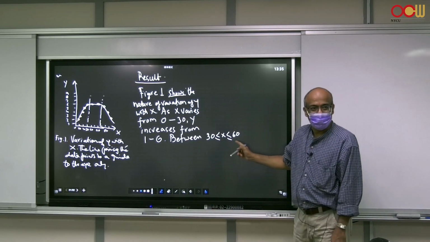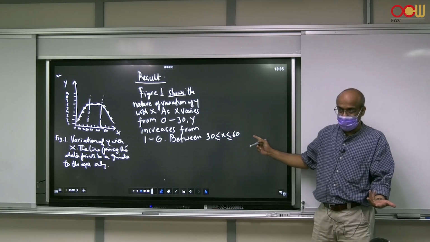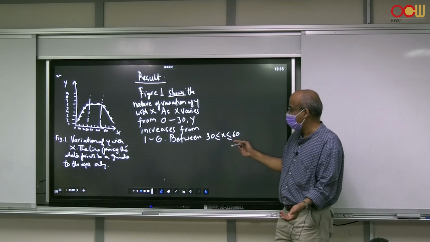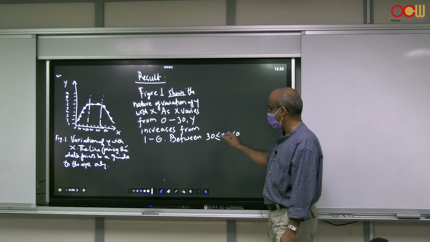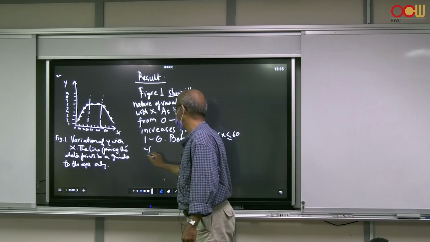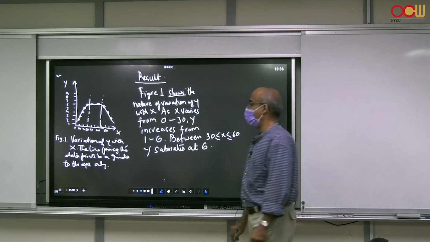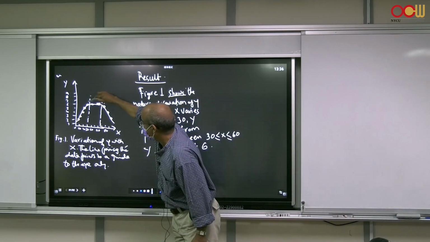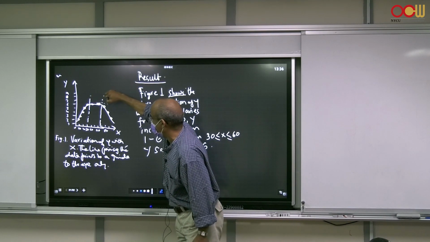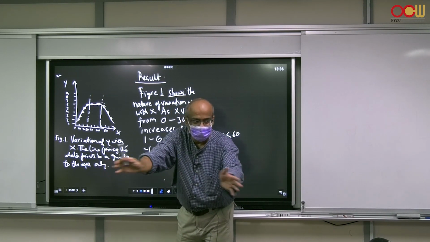So this I am writing like mathematics, but you can just write x between 30 and 60, or in this range, y saturates at 6. So this is flat, right? So I say y saturates. This means it saturates or does not change. Y does not change, okay?